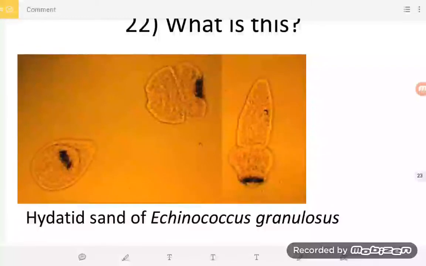Sometimes if it is fully matured, it will fracture and the internal parts will be present in that liquid part. So when we take a drop of the liquid and observe, we can see these brood capsules and protoscolices.